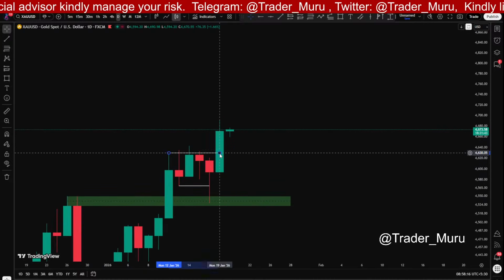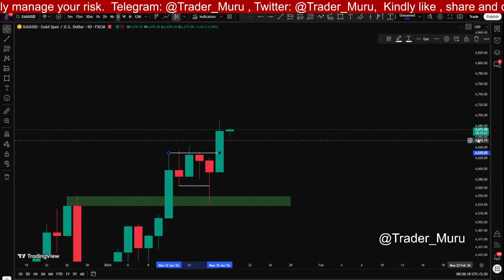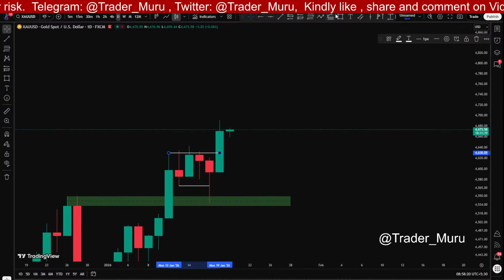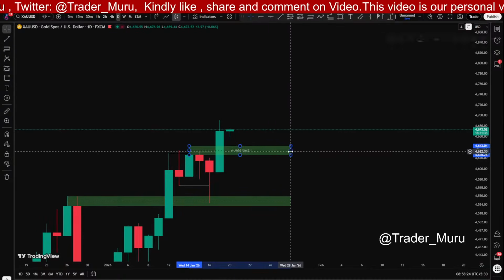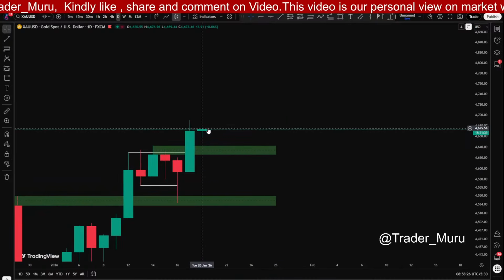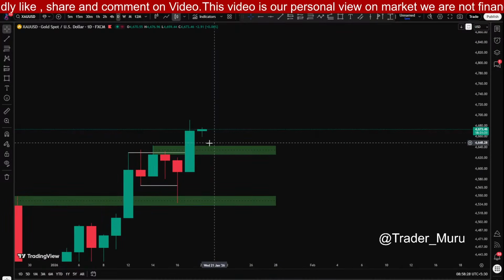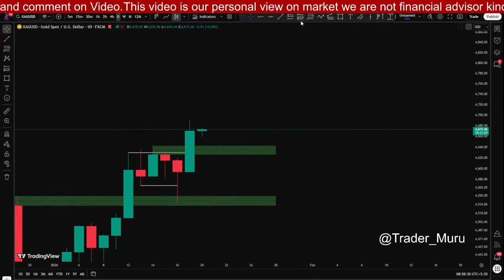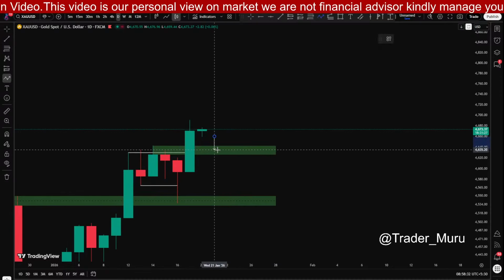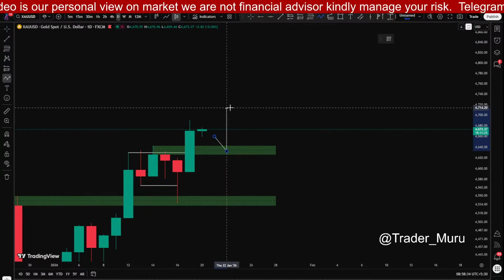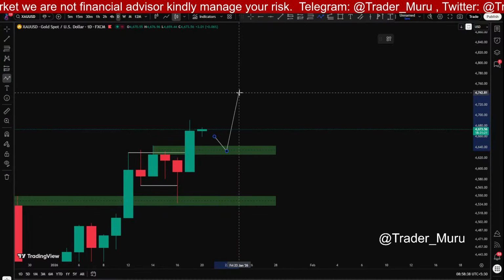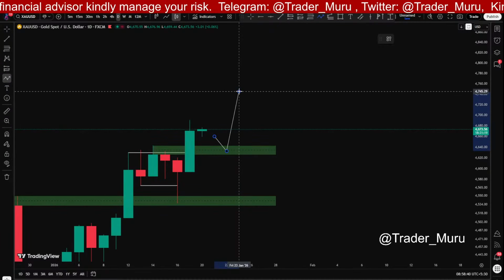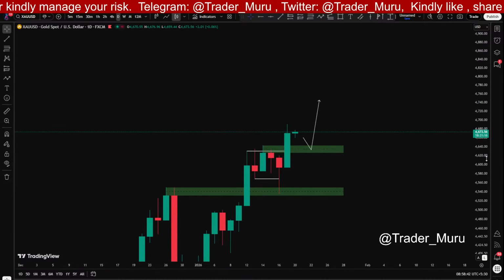Here around 4630, this full zone is now a buy zone. So price is likely to test this area and again pump, and the target will be 4745 near this area.